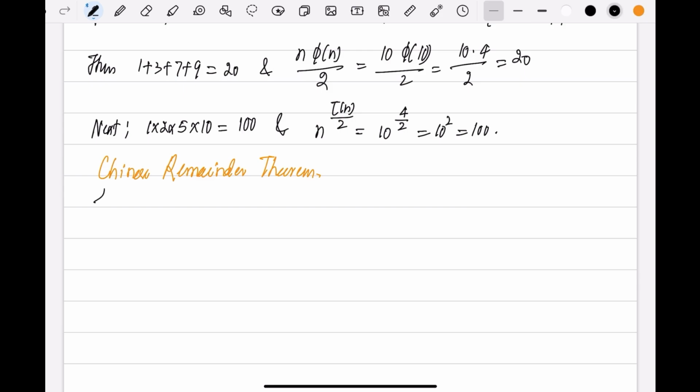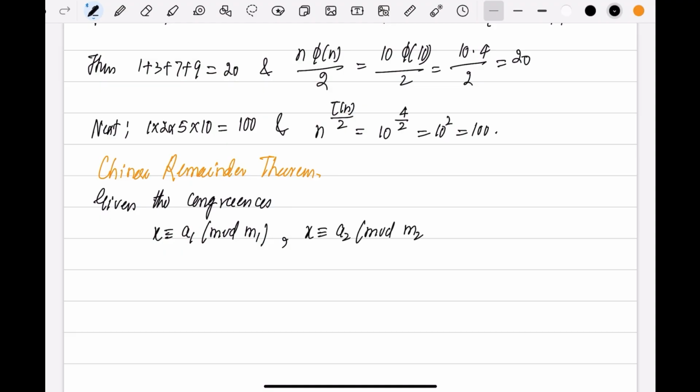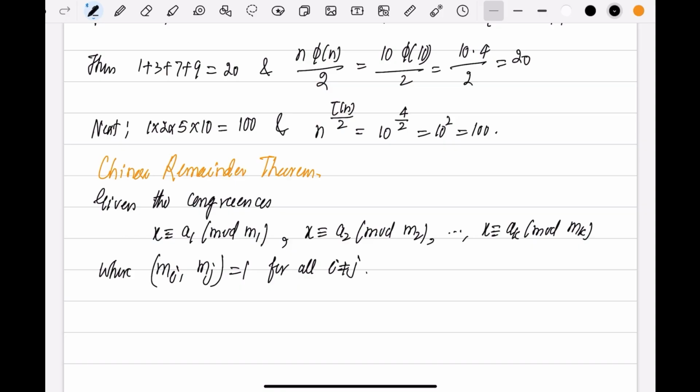This states that given the congruences x congruent to a1 modulo m1, second x congruent to a2 mod m2, and so on, x congruent to ak mod mk, where mi and mj are relatively prime for all i not equal to j.